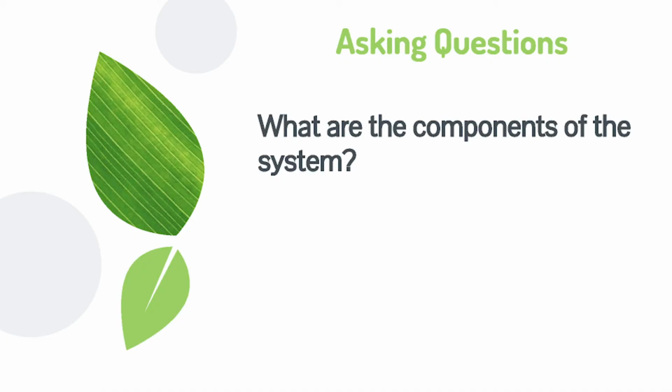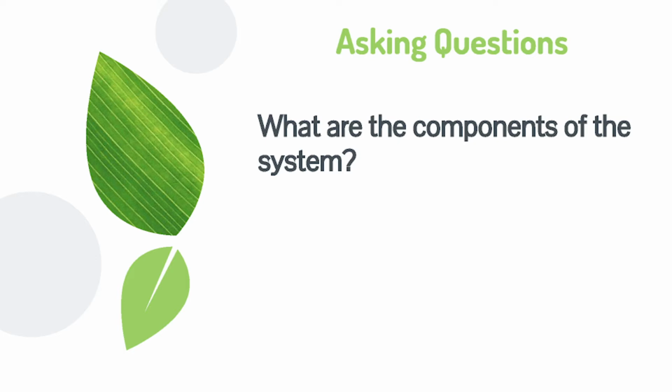In order to guide our question asking, it's important to consider the parts or components of the system we are studying. This includes all of the living and non-living parts. Your job is to write out a list of the components of the system you are studying.